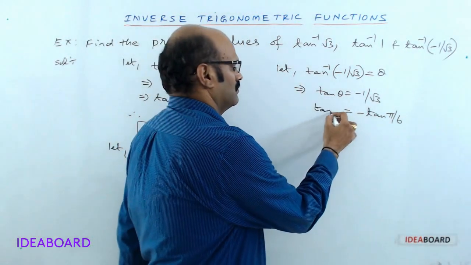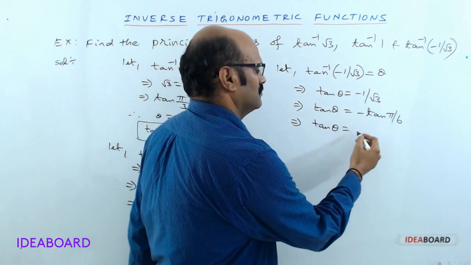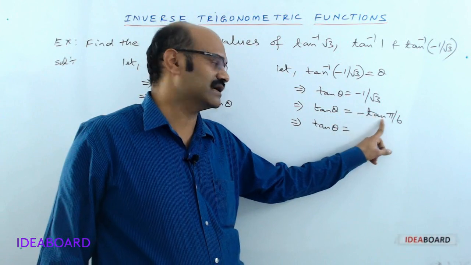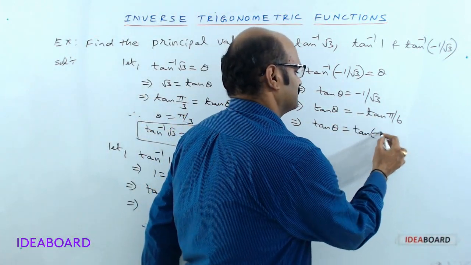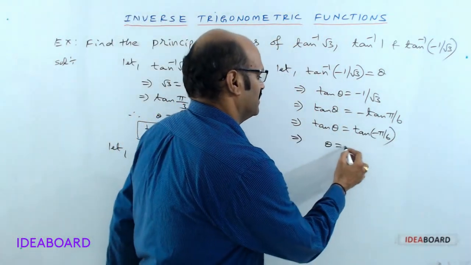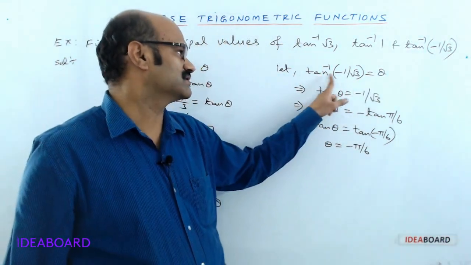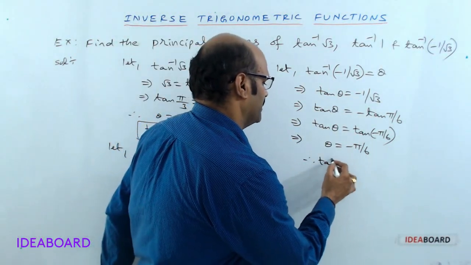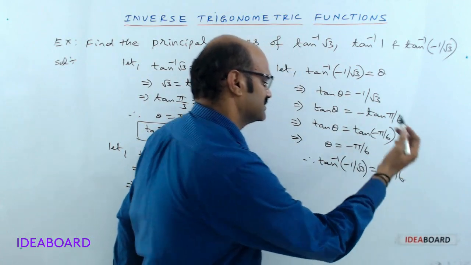Now, we know that minus tan alpha equal to tan of minus alpha. So we can write it as tan of minus pi by 6. It implies theta equal to minus pi by 6. But here theta equal to tan inverse of minus 1 by root 3. Therefore, tan inverse of minus 1 by root 3 equal to minus pi by 6.